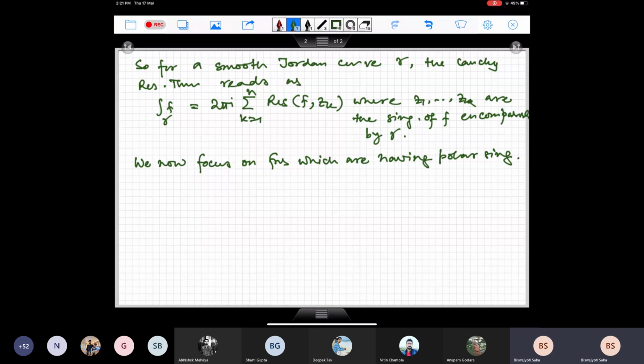Using that, you can calculate the residue. For example, if it is a simple pole, you can just multiply by s minus alpha and take the limit, and you will get it. Or if you have higher order poles, by multiplying a suitable power and then taking derivatives and so on, you can get this integral.